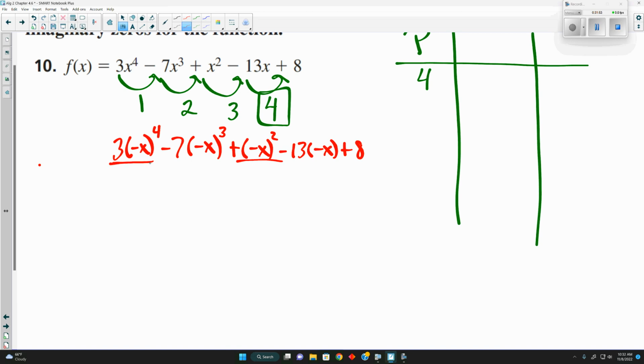So for 3 times negative x to the fourth, we will have x to the fourth, but the negative is going to become positive. It's telling us 3x to the fourth. Sign will stay the same. Now for this here, we are going to have x cubed, but the negative to an odd power is going to be negative. So it's going to change the sign of the number in front of it. So since it was negative 7, it's now going to be plus 7. The next one's even, so it's going to stay the same.